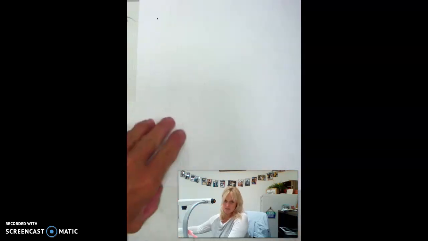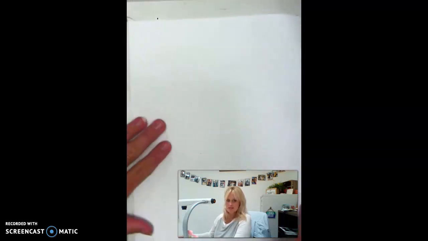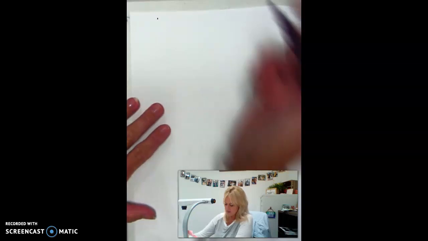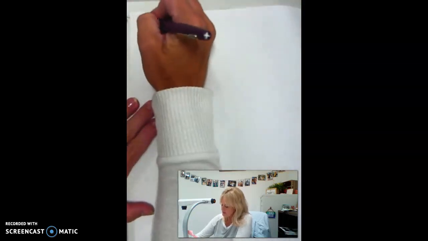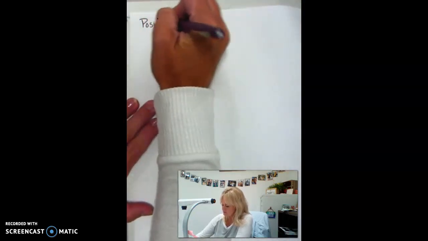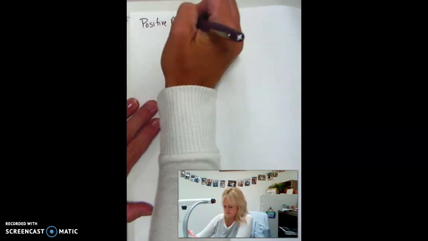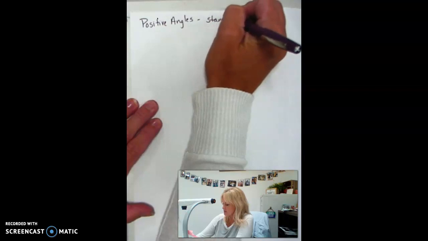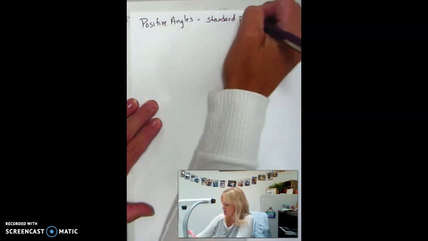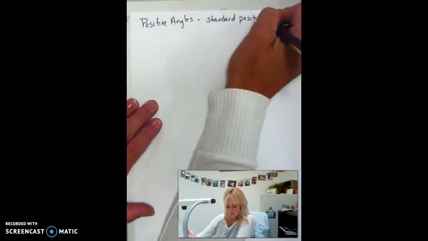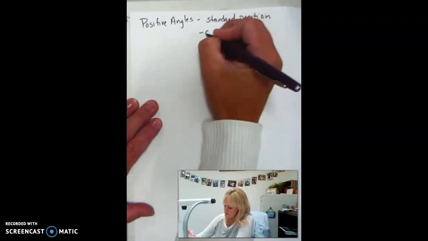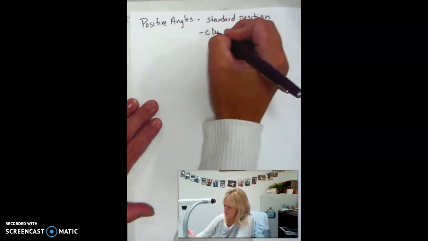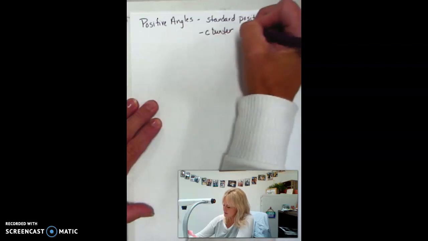Alright, that brings me to talking about positive and negative angles. Positive angles, again, we're talking standard position that we just talked about, and it's also in a counterclockwise pattern.